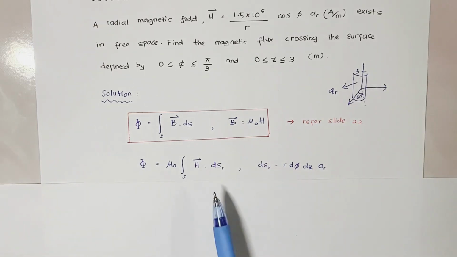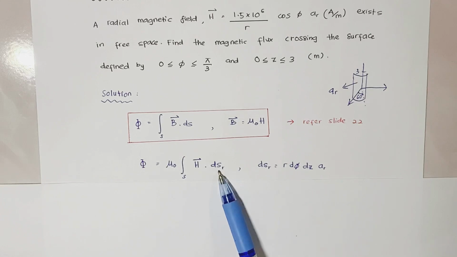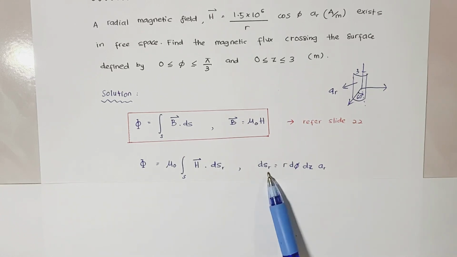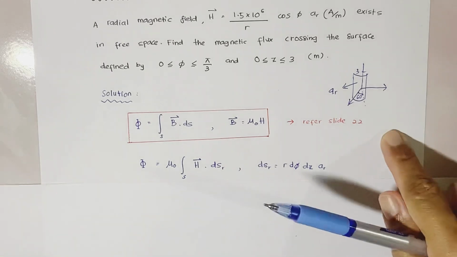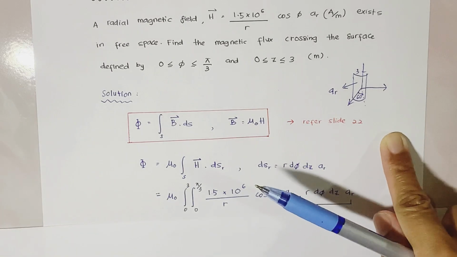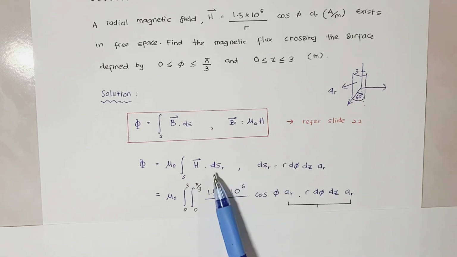And if you see here, the differential surface is facing towards AR. So it is dS_R. If you refer to the table in chapter 1, you will get R dphi dz AR. So just replace R dphi dz AR into this equation.